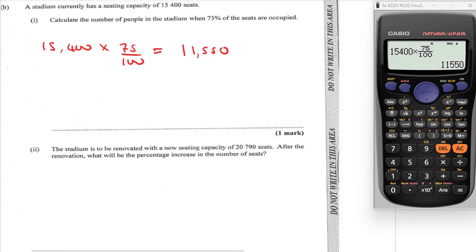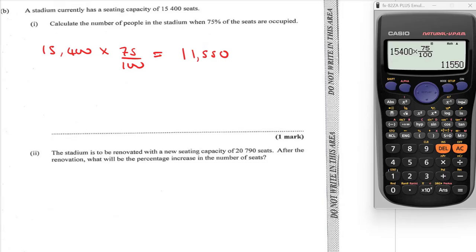We know our formula, and our formula is new minus old divided by old times 100. So the new seating capacity is 20,790. The old seating capacity is 15,400.